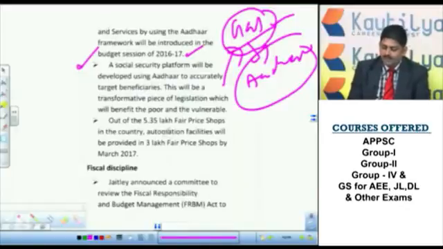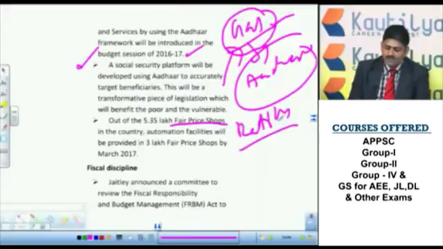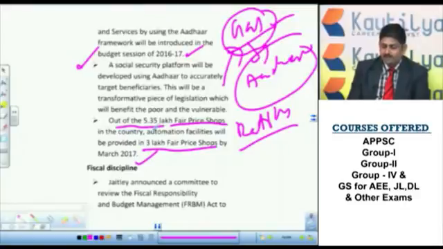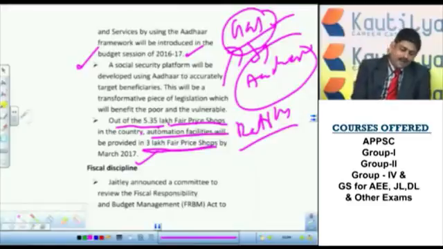Next, fair price shops. That means what we call ration shops in general terminology. Automation facilities will be provided in 3 lakh fair price shops by March 2017. Out of the 5.35 lakh fair price shops that are there as of now, automation facilities will be provided in 3 lakh fair price shops by the end of March 2017.